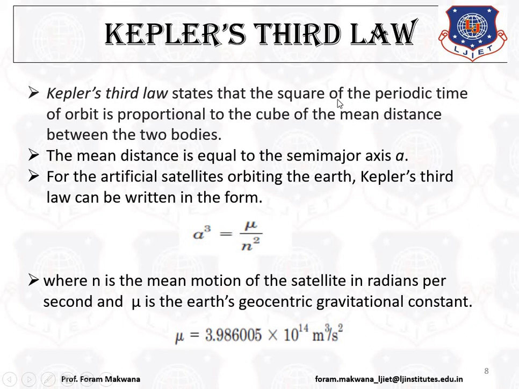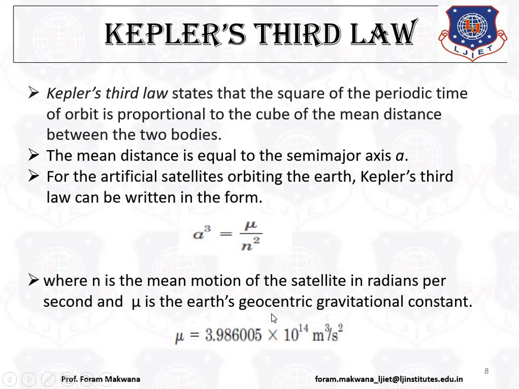Over here, the square of periodic time, this is the periodic time. So the square of periodic time of orbit is proportional to the cube of mean distance. Mean distance is represented as semi-major axis. So proportionality will be represented with the help of mu.